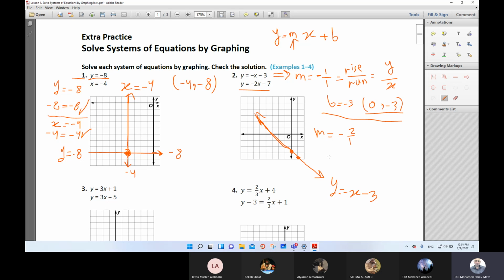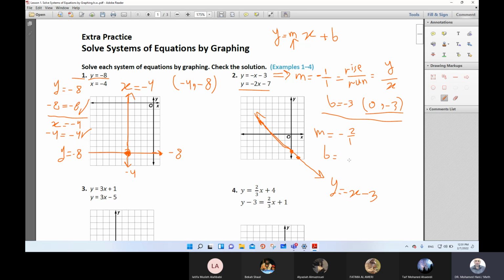And who can tell me what is the value of the y-intercept? What is the value of b in this equation?